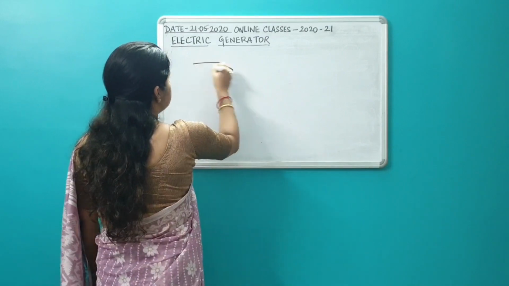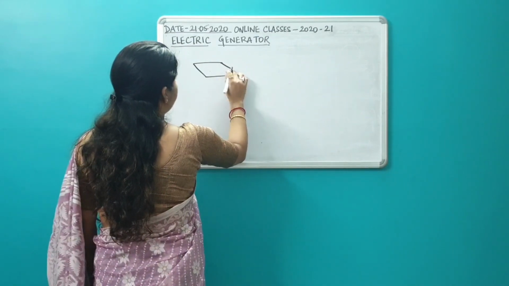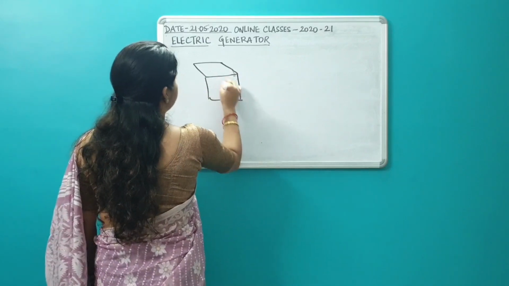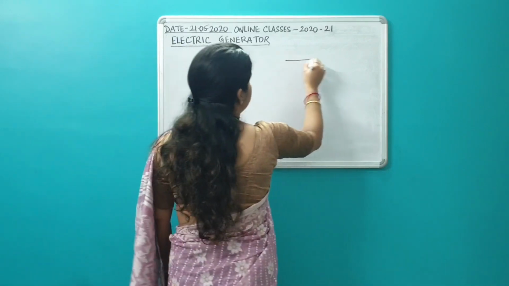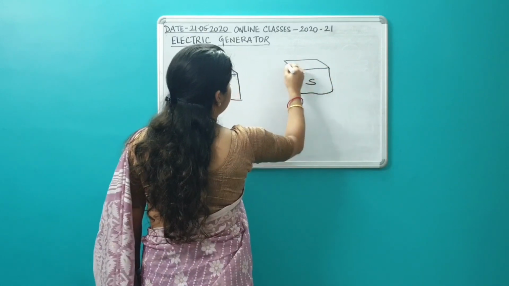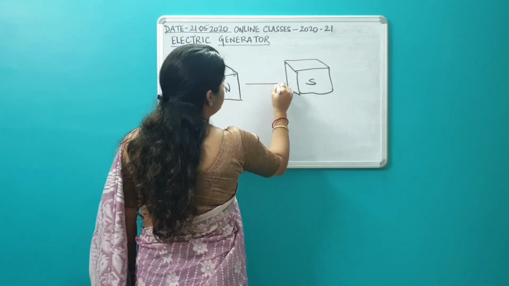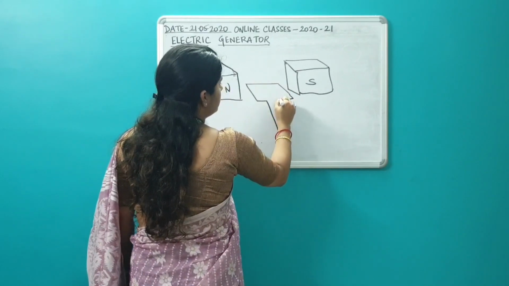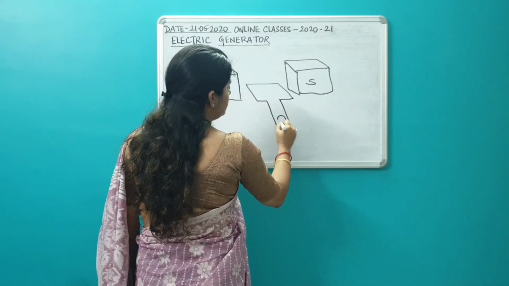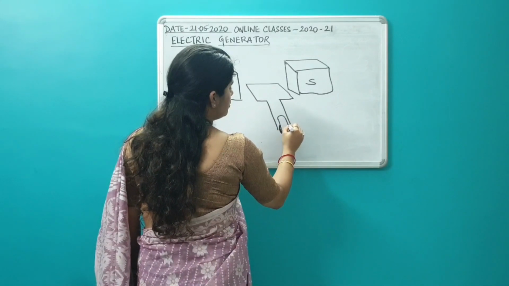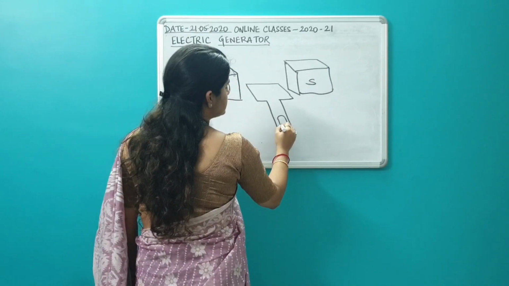What is the difference? Similarly, we are going to draw a magnetic field having the two poles, North Pole, and here we have the other pole, the South Pole. Okay, and we are going to place a rectangular coil. There is an axle. Here this axle has got rings.